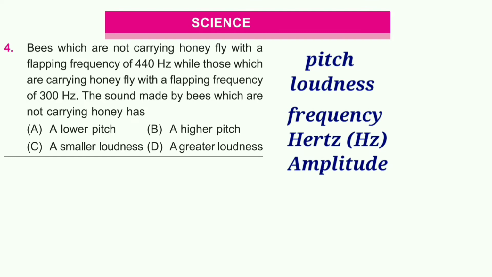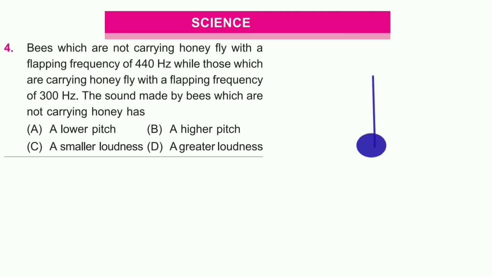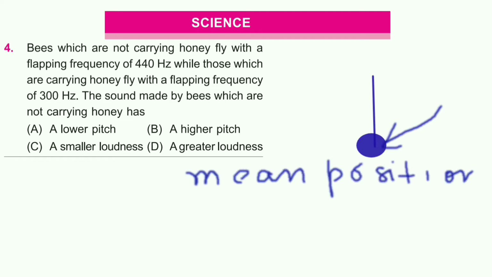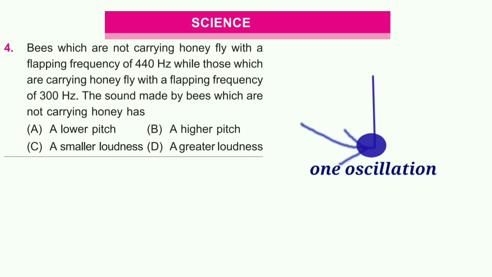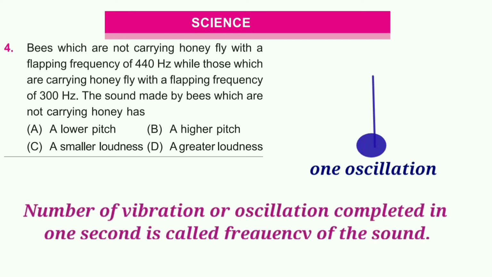We know the movement of a pendulum. If a pendulum moves from its mean position and covers some distance, again returns to its mean position, then moves to its opposite side, once again returns to its mean position, this is called one oscillation. So the number of vibrations, or oscillations, completed in 1 second is called the frequency of the sound.